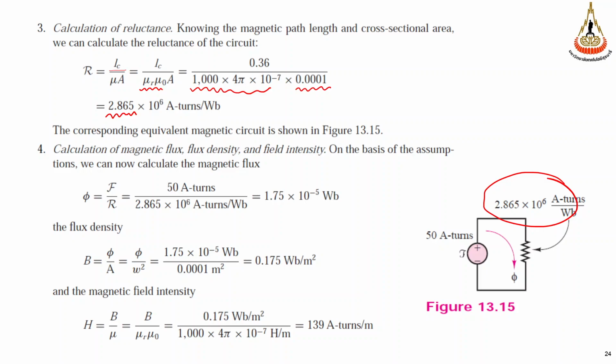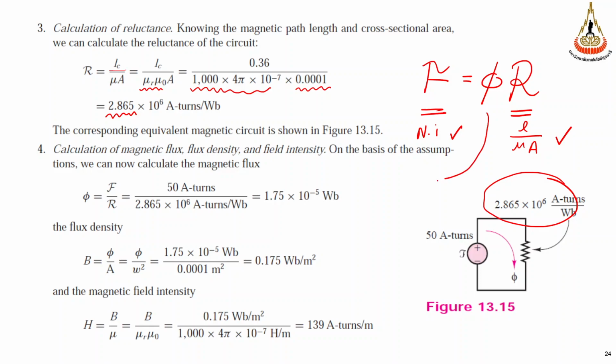Now we know the magnetomotive force and the reluctance. The magnetomotive force is ampere turn, and reluctance is L by mu A. We know this value and this value, then we can calculate the magnetic flux.